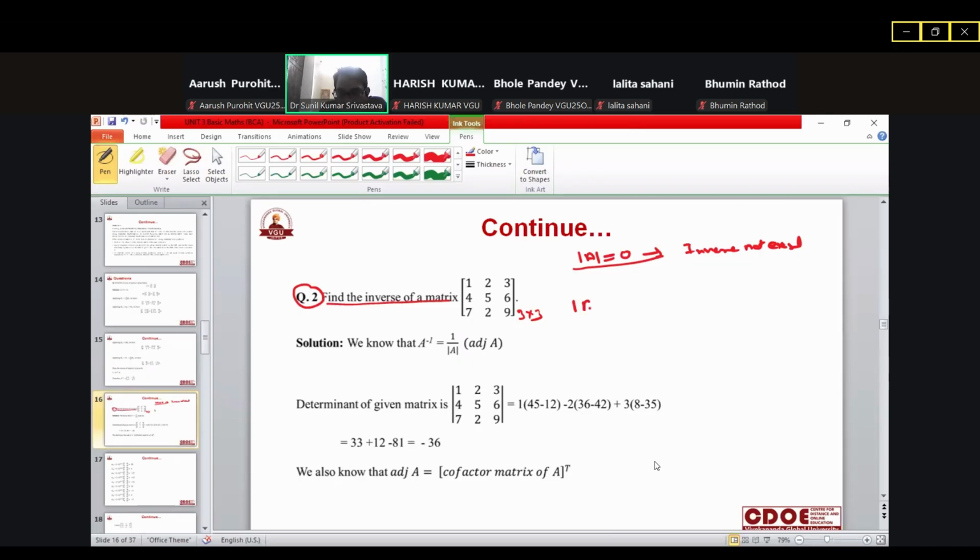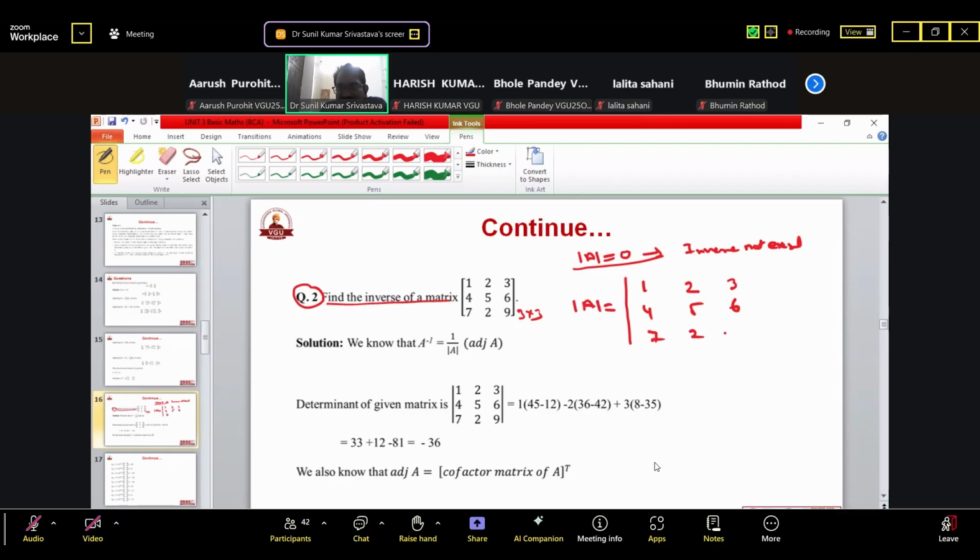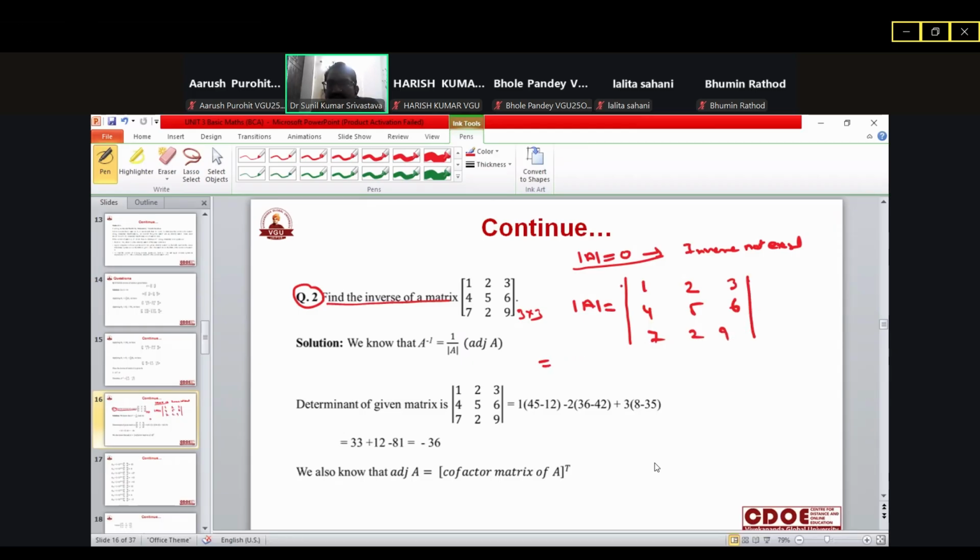So first of all, we have to find the determinant of A, and it can be written in the form that is 1, 2, 3, 4, 5, 6, and 7, 2, 9. This is the matrix. And how to compute it? We have to expand it row-wise. We are going to do row-wise expansion like that. So we have to take 1, which lies in the first row, first column. So what do we have to do? We write 1 into this one: 9 into 5, that is 45, minus 6 into 2, that is 12.